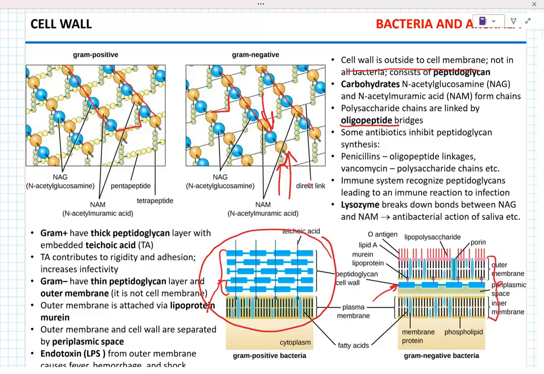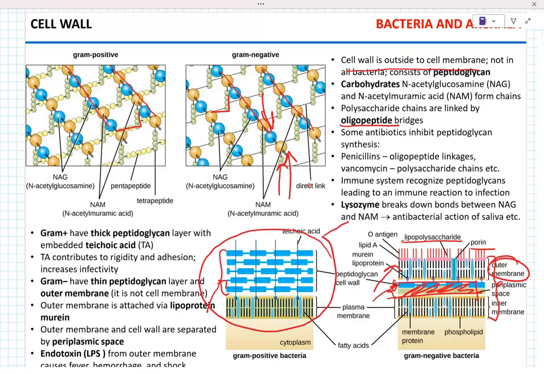Gram-negative microorganisms have a fairly thin cell wall right outside the membrane, and then outside of that cell wall there is another so-called outer membrane, which contains several important molecules such as lipopolysaccharides, molecules that can cause disease in humans, and porins, molecules that facilitate transport.